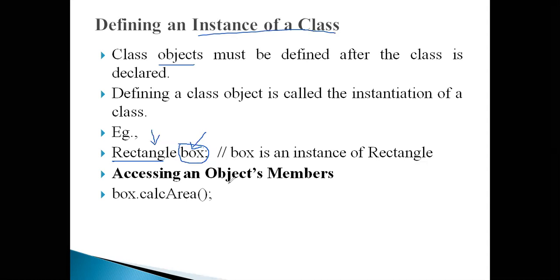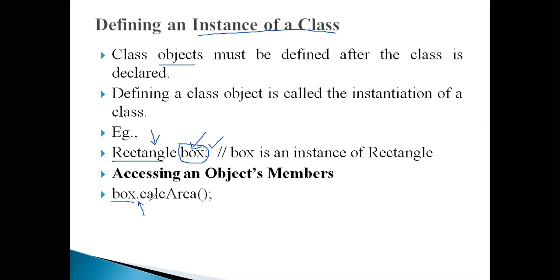Now we created the object, like box is the object for the class rectangle. Now whatever the data members or data functions are there in the rectangle class, I want to access. To access the data members or data functions in the rectangle class, first of all we have to use the object, and then we have to use the dot operator.